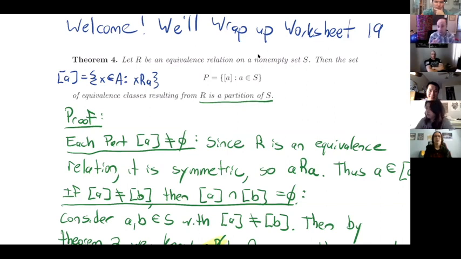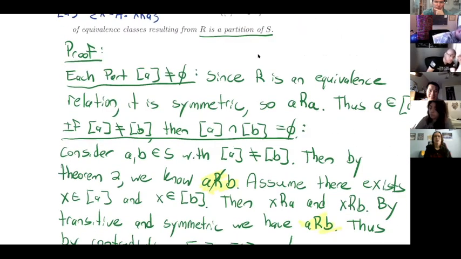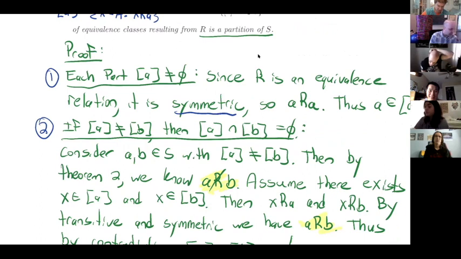And then remember, for a partition, there are 3 different properties that we want to check. The first is that each of the parts is non-empty. We talked about that last time. That comes from the symmetry requirement of an equivalence relation. Secondly, you want to show that any 2 parts are disjoint from each other.